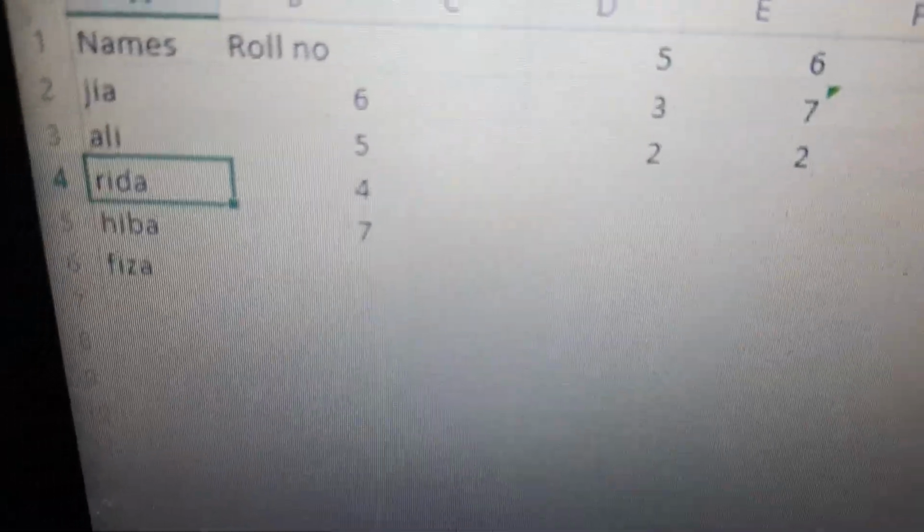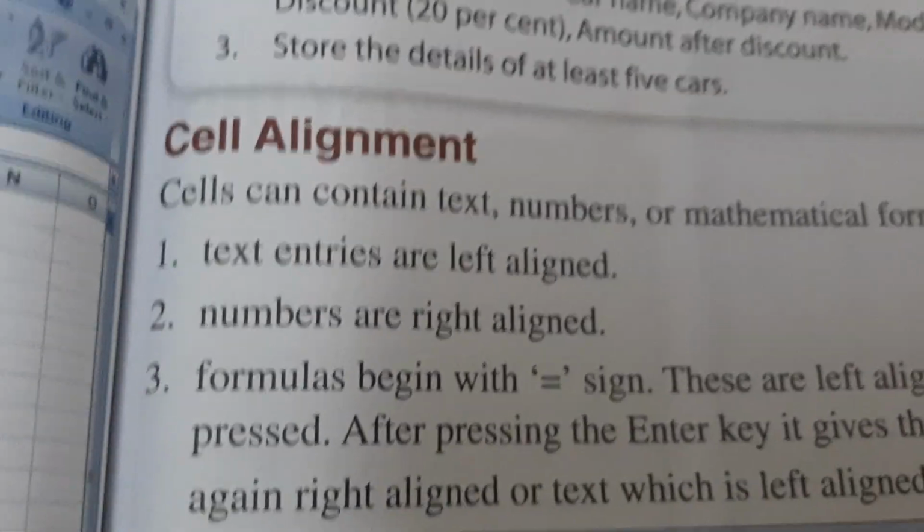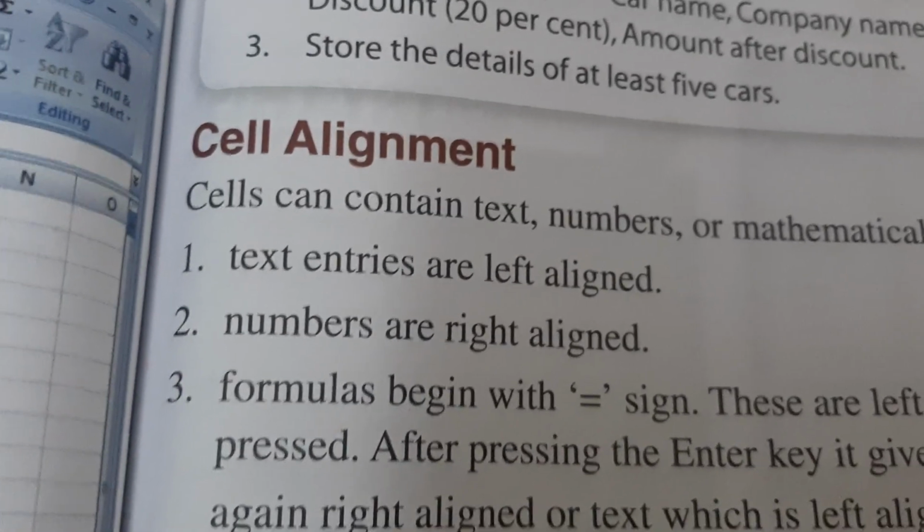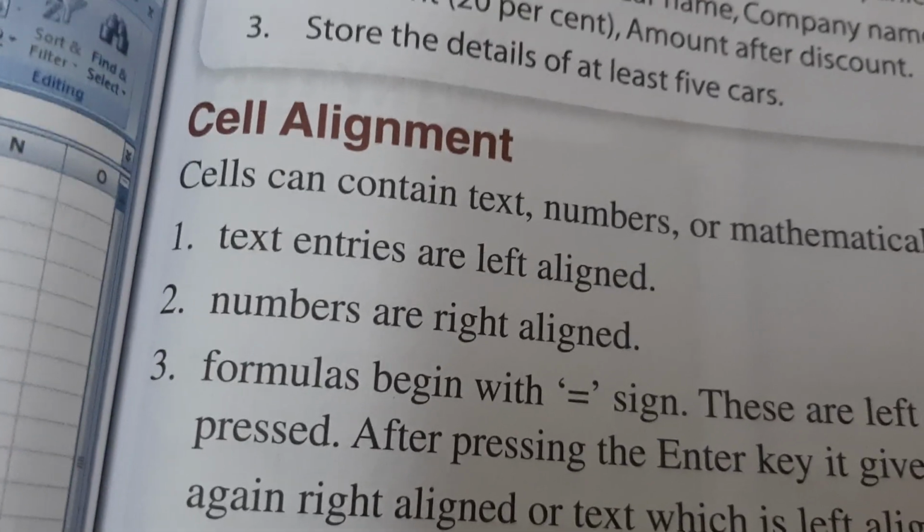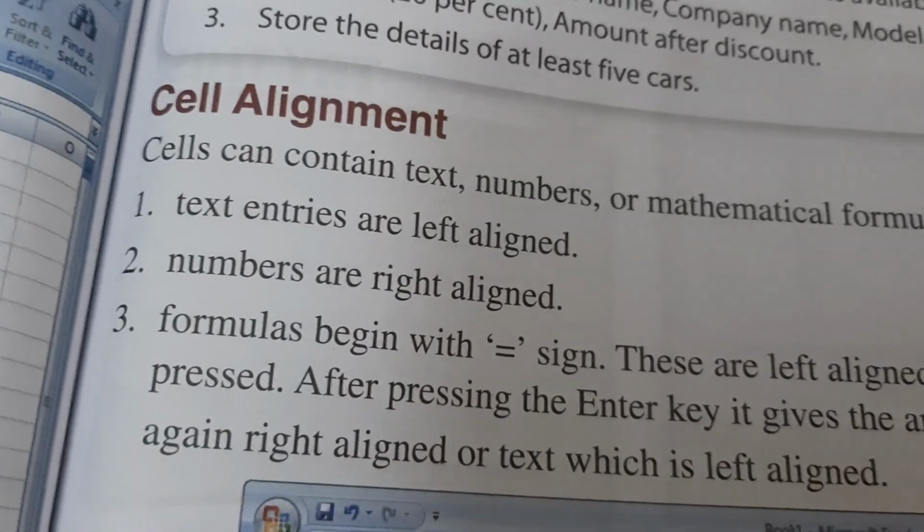It is on the left side of the cell. Formulas begin with an equal sign. We will always start our formula with an equal sign.